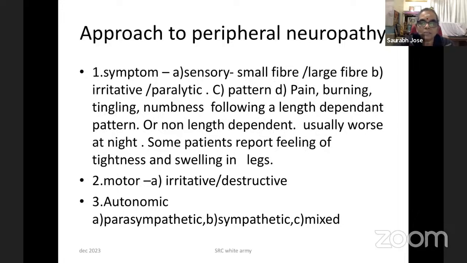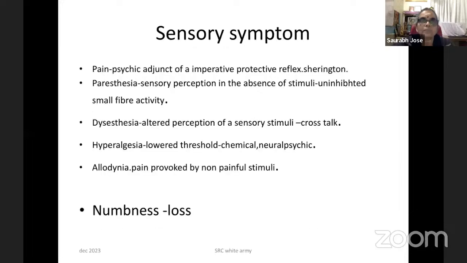Then the motor symptoms are also irritative or destructive, and autonomic symptoms can be referable to the parasympathetic, sympathetic, or mixed. So the 3 types of fibers in the peripheral nerve are sensory, motor, and autonomic, and each one of them can produce irritative or destructive symptoms.